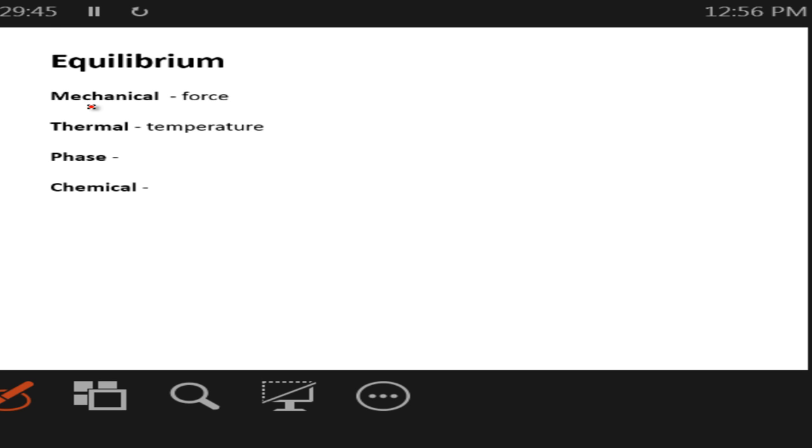Equilibrium. These are concepts, mechanical equilibrium, thermal equilibrium. These are less used, phase and chemical equilibrium, but mechanical is the balance of force. If things are balanced in force, there's no change to the system like acceleration because of an imbalance of forces. It's a mechanical equilibrium. So when I have a piston and it has some weight on it and it has some pressure below, this can become in equilibrium.